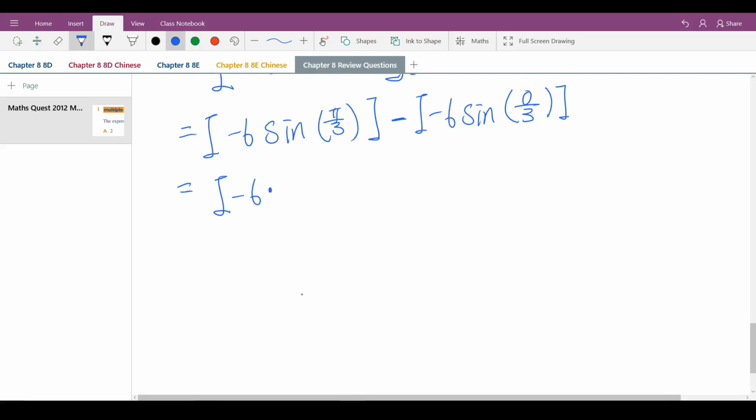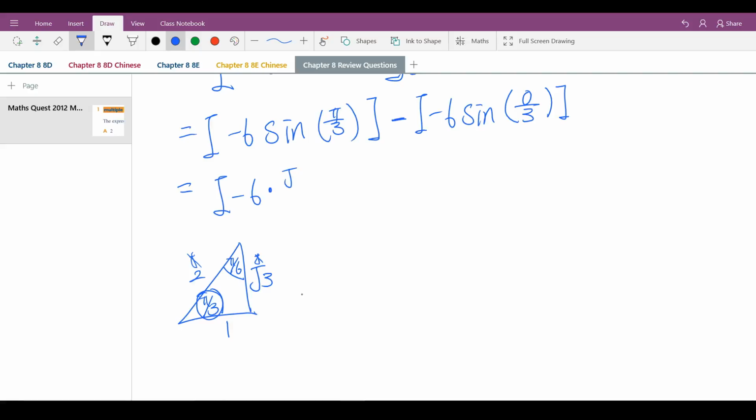Now we have to revert back to our special triangle. So this time we'll be using root 3, 1, and 2. And this is pi over 3. That's pi over 6. Alright, so pi over 3 is here. So sine is opposite over hypotenuse. Alright, so we're actually equal to root 3 over 2.